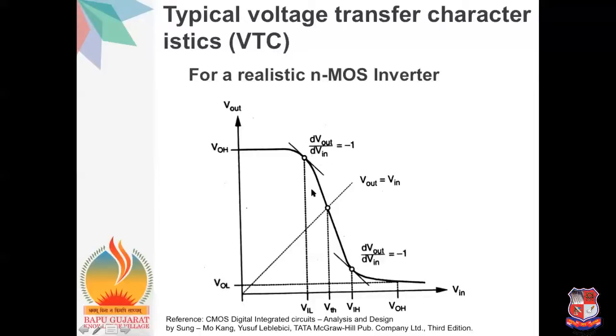At these critical points, the slope is -1, which indicates the two critical voltage points, that is VIL and VIH. And the point where the output is equal to Vin is known as the threshold point VTH.